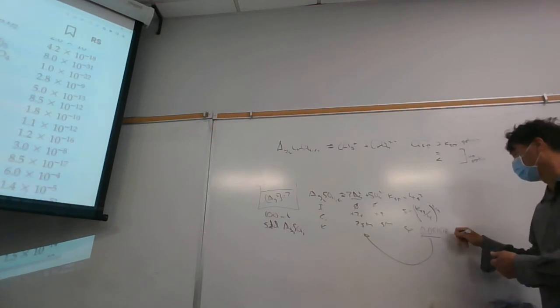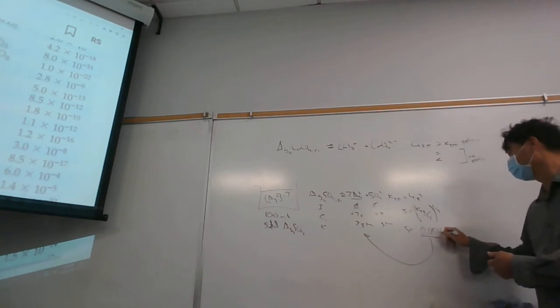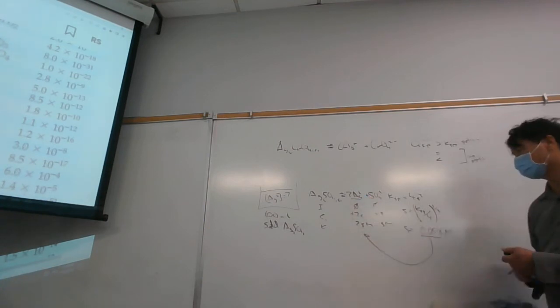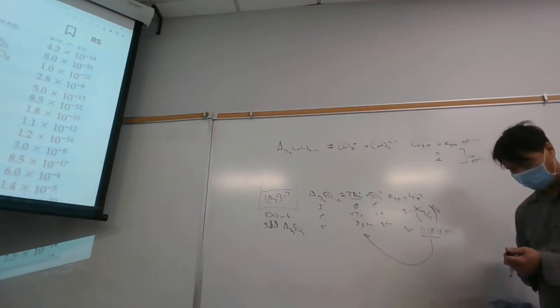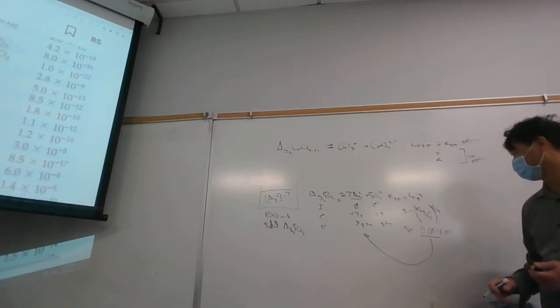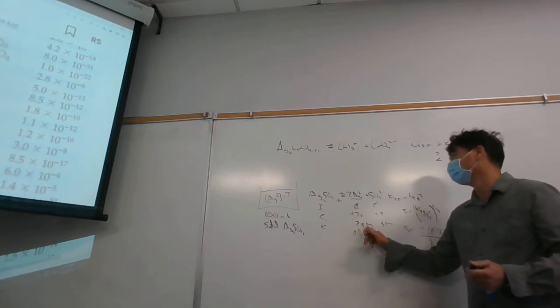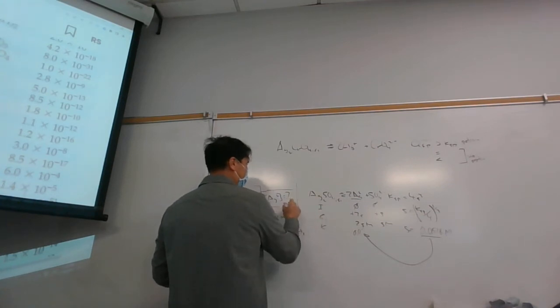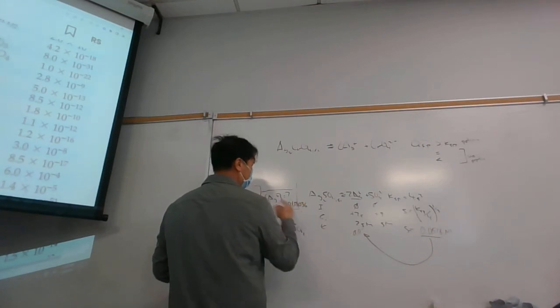Okay, 0.01518 molar. And then what's the concentration of silver ion? 0.030365. Okay. So here, the silver ion concentration is 0.03036.